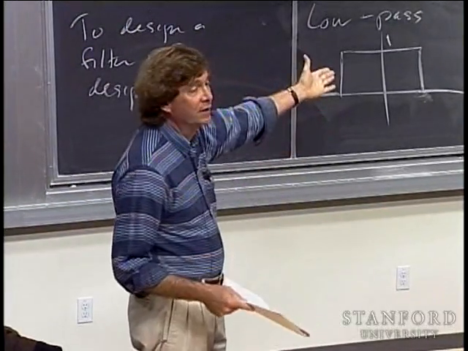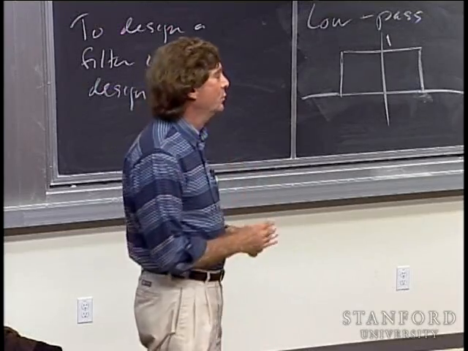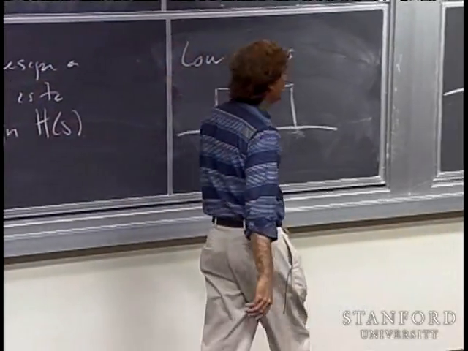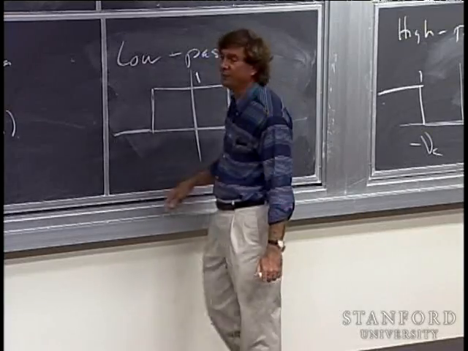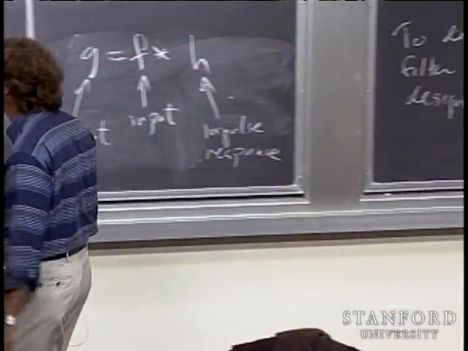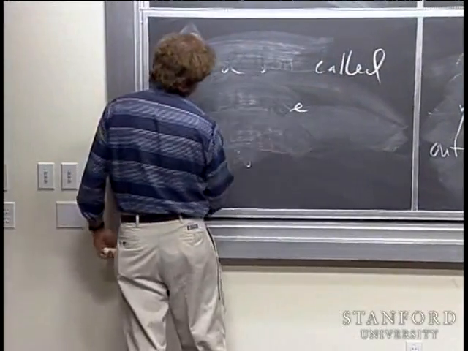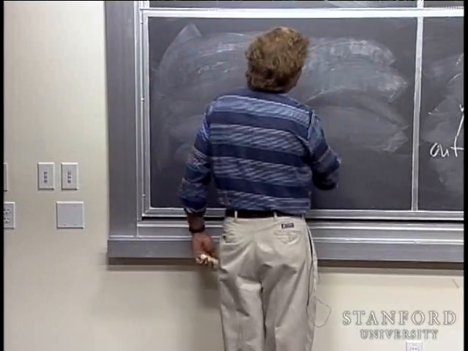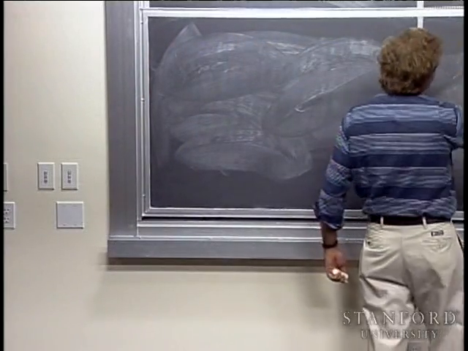Some explicit formulas are given in the notes, but the main idea that I wanted to get across was really the ease of it, and the ease of it when you think of it in the frequency domain. It's not so easy when you think of it in the time domain. And that's really the next thing I wanted to talk about.